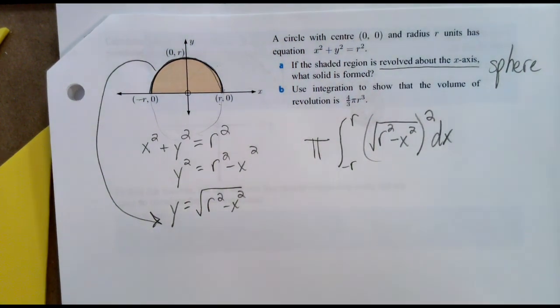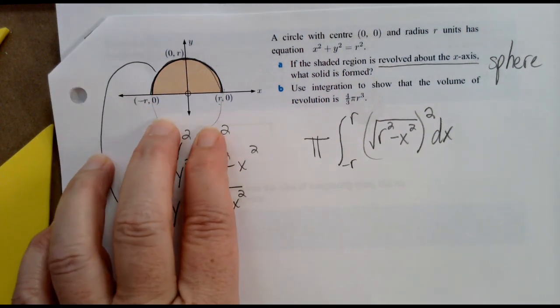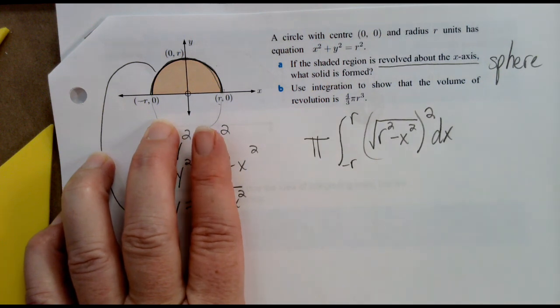Now, I know you know the answer is 4/3 pi r cubed. Like, I know the answer, you know the answer, everybody knows the answer. However, you might be asked to do one similar to this with a different shape on the test.